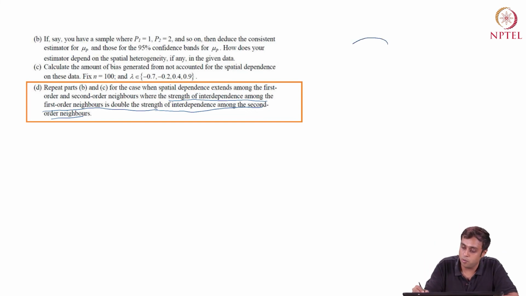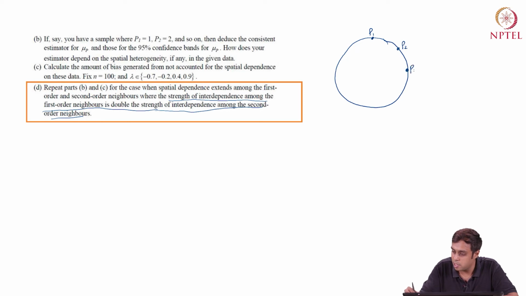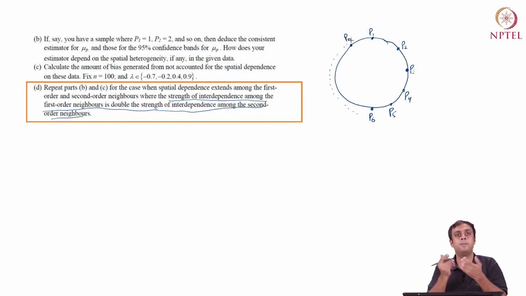Okay, so we have a circle again. We have our P1, P2, P3, P4, P5, P6, all of these are equidistant. My figure is not to scale, so if some pairs look closer, they are not really closer, they are all equidistant. This case is slightly more interesting.